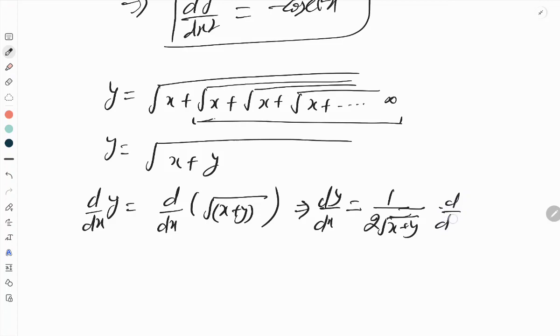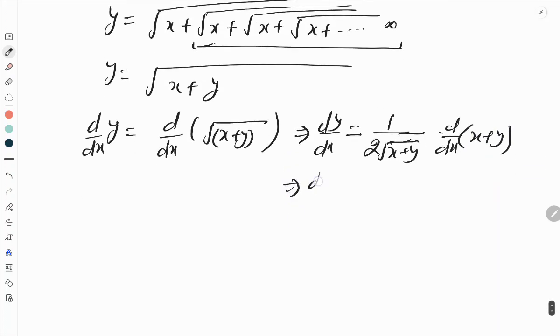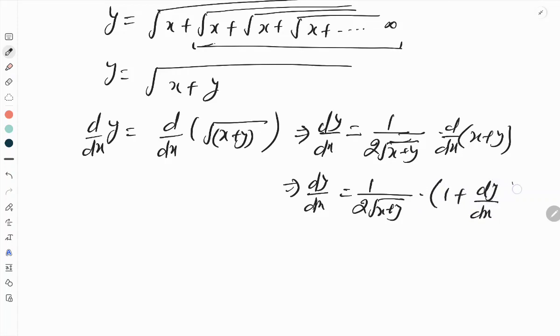Again, the derivative of what? Of whatever you assumed as x, meaning x plus y. From here dy by dx is equal to 1 upon 2 under root x plus y, times the derivative of x, which is 1, and the derivative of y, dy by dx.